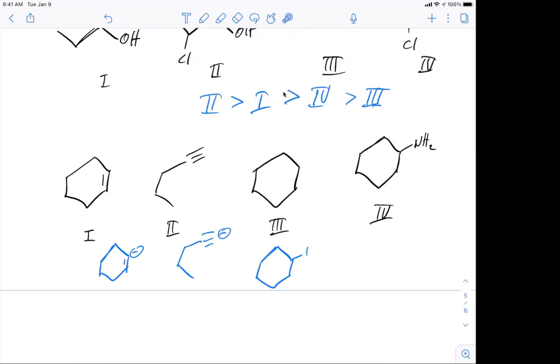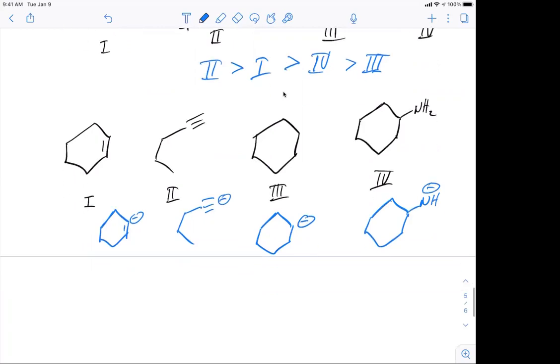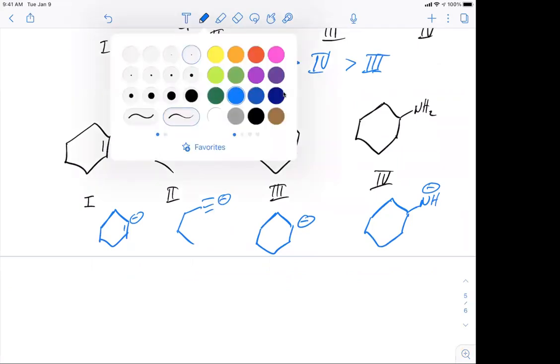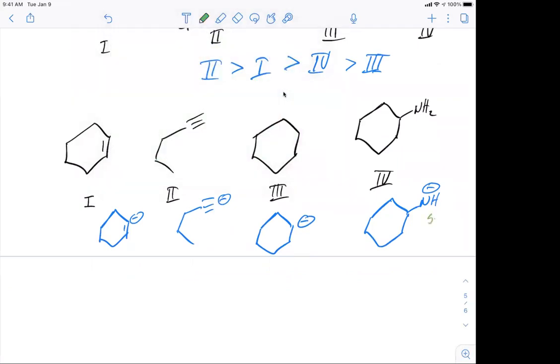I have to take that proton, giving me negative here, and then this one, I take it off the nitrogen. Right. So if we look at atom, it would seem like our nitrogen is going to be the most important, but we have to also remember that this is an sp3, where this is an sp.